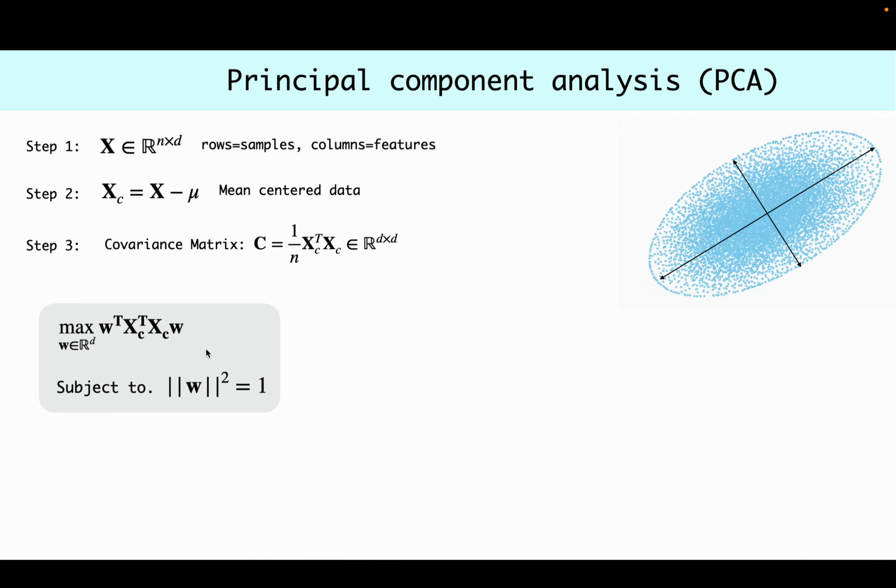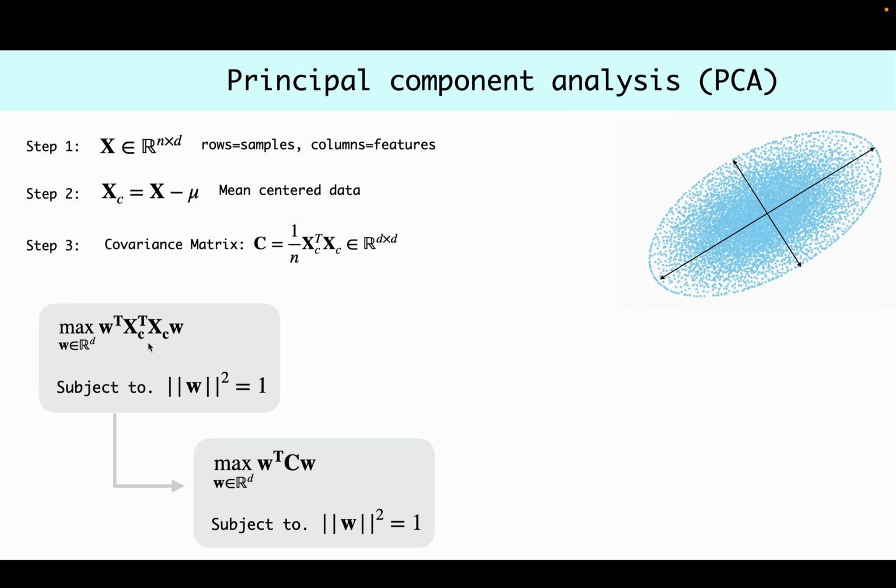We do this because, since we are maximizing, it can go until infinity, so to have a constraint, we are using this. But our job is to maximize the variance, and what should be the axis w such that the projection of each of these data points onto this axis results in maximum variance. That is the axis we are interested in, and this problem can be formulated something like this.